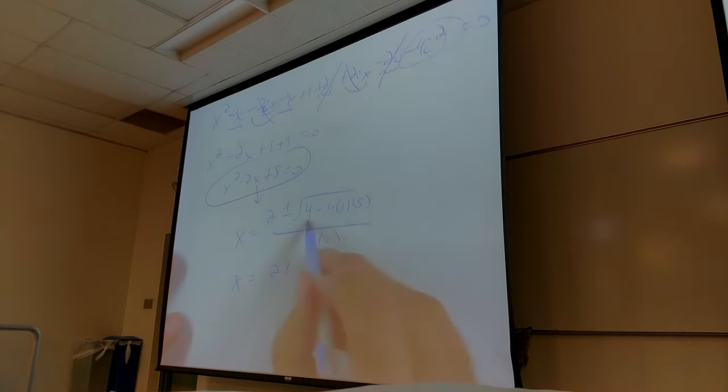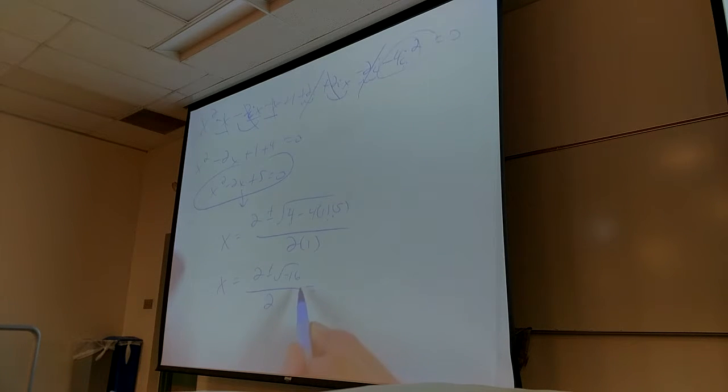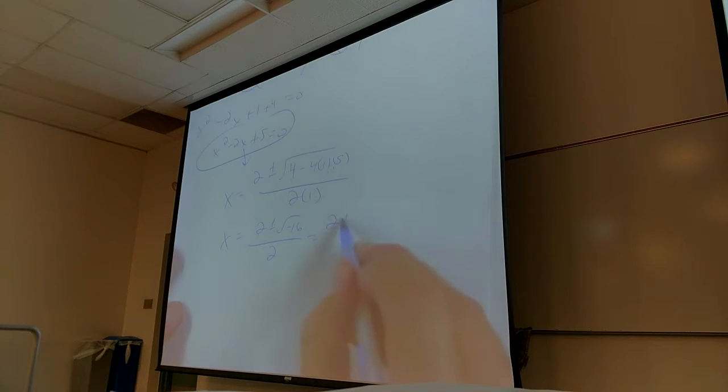Two plus or minus, what's 4 minus 20? Negative 16. Square root of negative 16 is 4i. And then I just cut everybody in half.